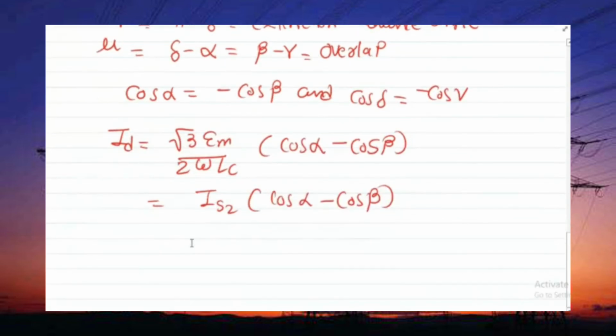So put the value of cos alpha is equal to minus cos beta, and cos delta is equal to minus cos gamma. So put these values for the inverter operation.